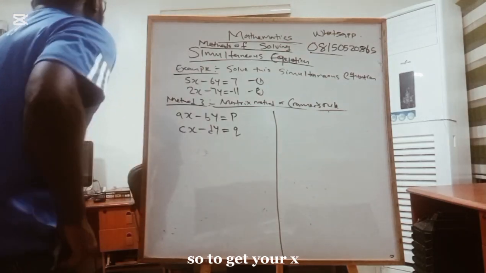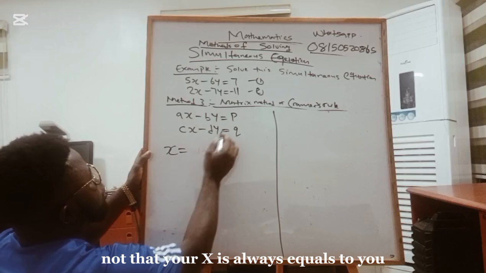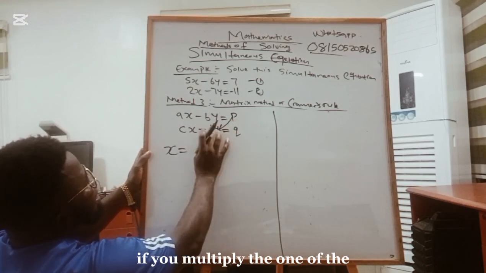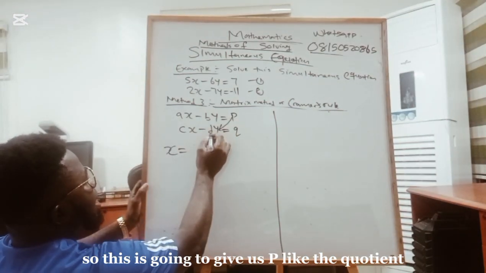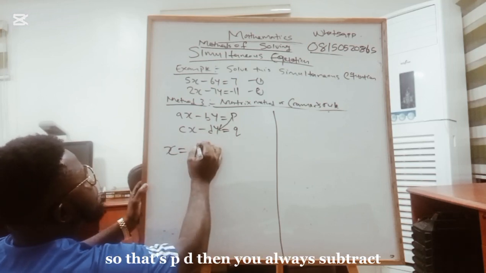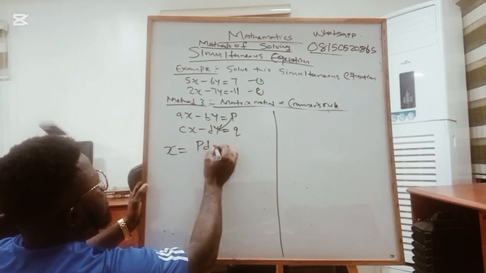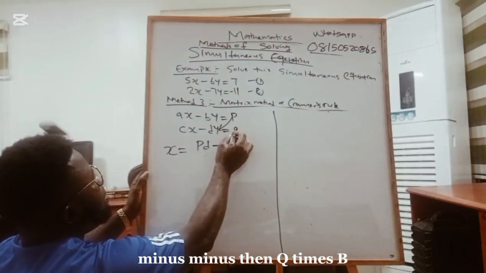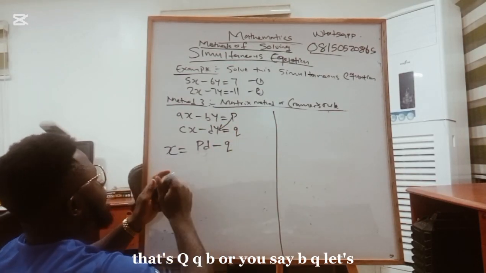So to get your x, note that your x is always equal to: you multiply this p by the coefficient here, so that's pd. Then you always subtract q times b, that's qb, or you say bq.